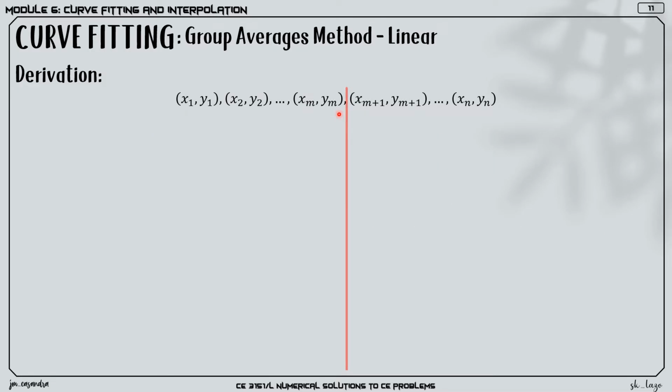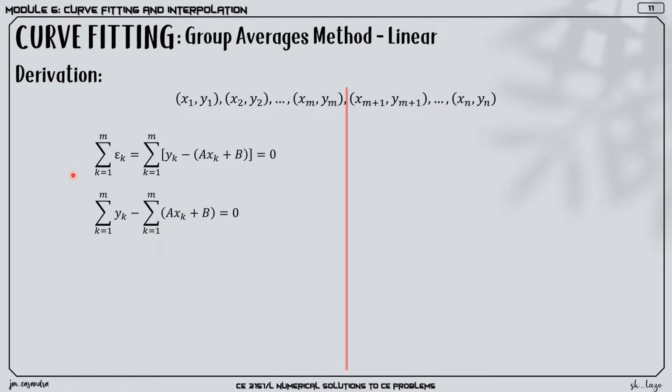So given the first and the second half of our coordinates, for the first half, we can write that the summation of the errors from 1 to m is equal to the summation of y sub k minus (a x sub k plus b) from k equal to 1 until m, and that will be equal to 0.